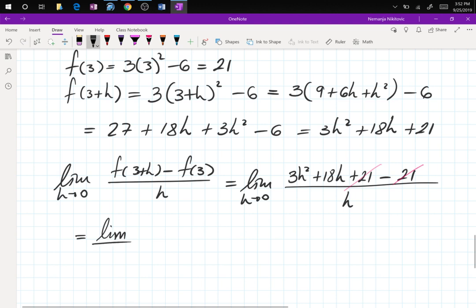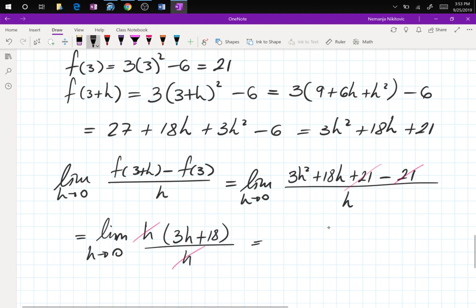limit, h goes to 0. We can factor out h. We have 3h plus 18 divided by h. So now this h drops.